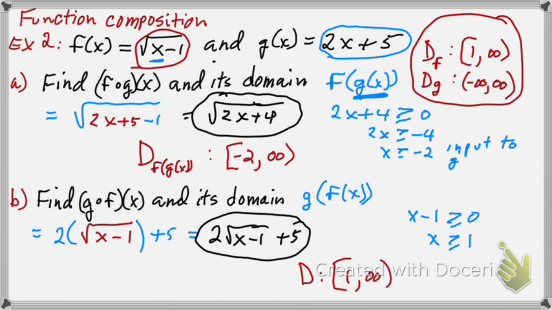And you got to go back and say, okay, if I send a 1 to F, I get the square root of 1 minus 1, which is the square root of 0, which is 0. That's a perfectly good output. Does that output work with G as an input? Yeah, 2 times 0 plus 5 is just 5.